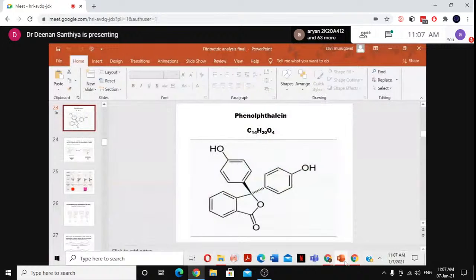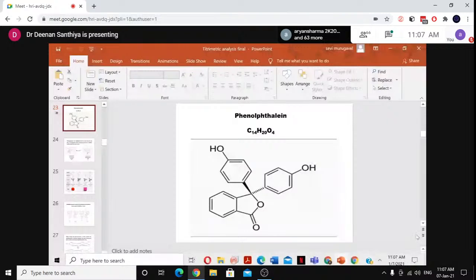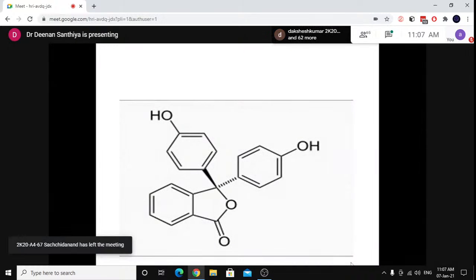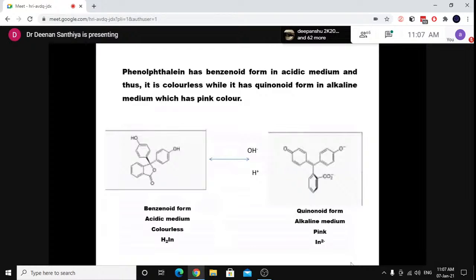In these slides, only the structures of acid-base indicators are shown. This is the structure of phenolphthalein, which we have already seen. This is the benzenoid structure. The second thing is the different pH range.